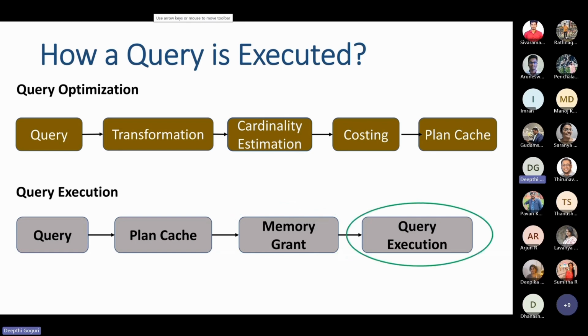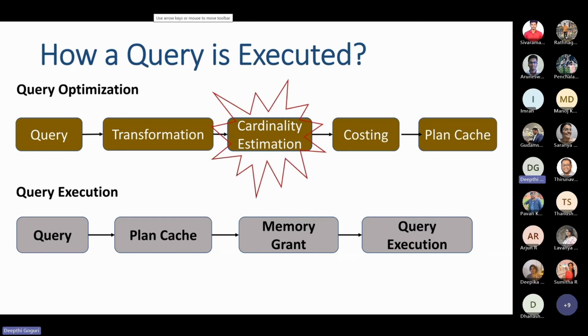Now what if something goes wrong here? What if the column level statistics are not properly set or not updated properly, or you have set the percentage very, very low, which is not beneficial? That will cause the cost to be set inappropriately, because the cost depends upon the cardinality estimates, how many resources have to be allocated to the query based upon these statistics.